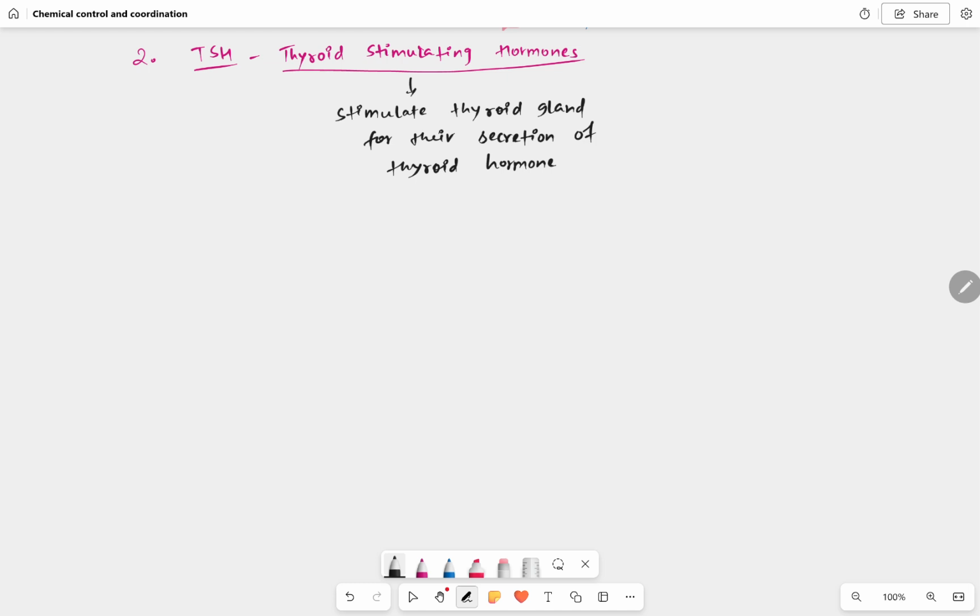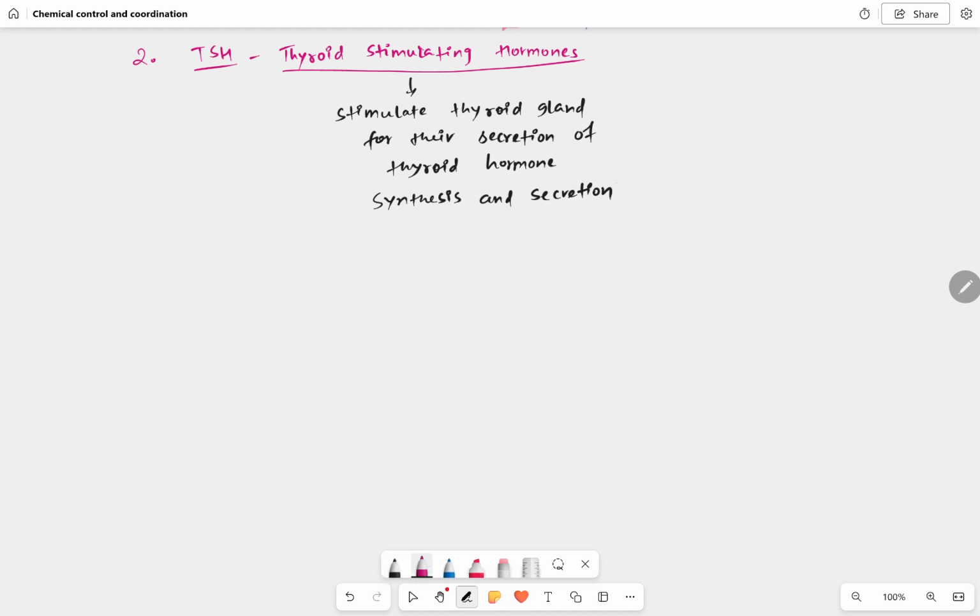So the role of TSH is to stimulate the thyroid gland for the secretion of thyroid hormone. It promotes synthesis and secretion both.